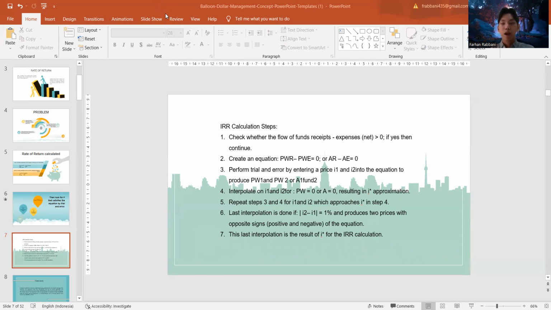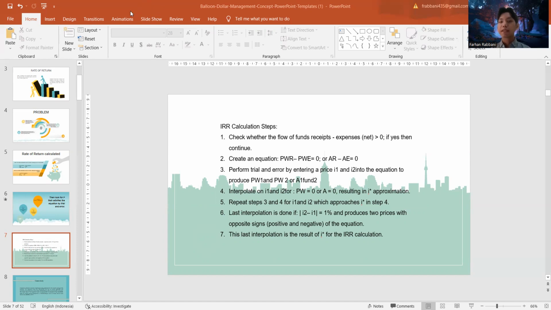to produce present worth 1 and present worth 2, or annual worth A1 and A2. Four, interpolate on A1 and A2 for present worth equals zero or annual worth equals zero, resulting in an i approximation.